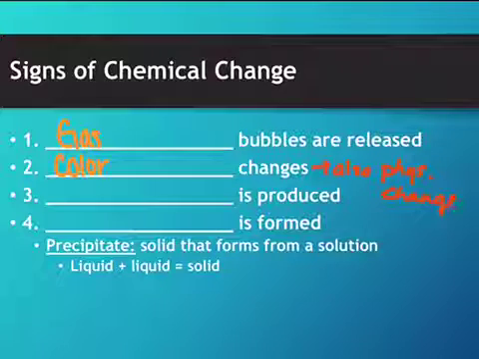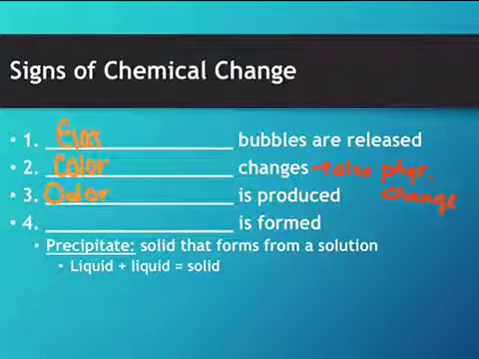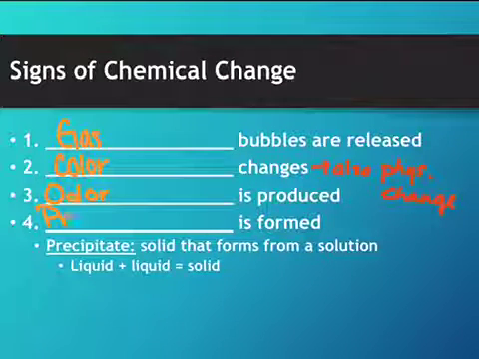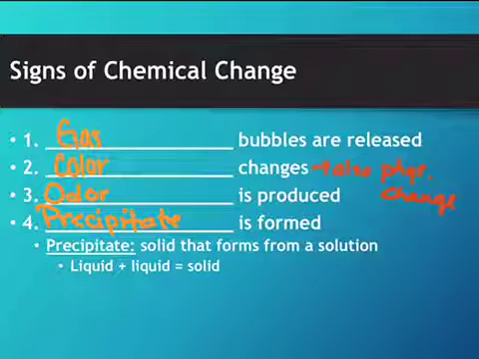So this one doesn't always tell you that it's a chemical change that is occurring. Often if there's an odor produced or a smell, it's a sign of a chemical change, or a precipitate is formed is another indicator that a chemical change has happened.